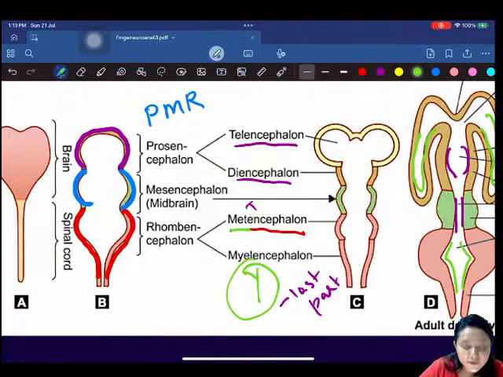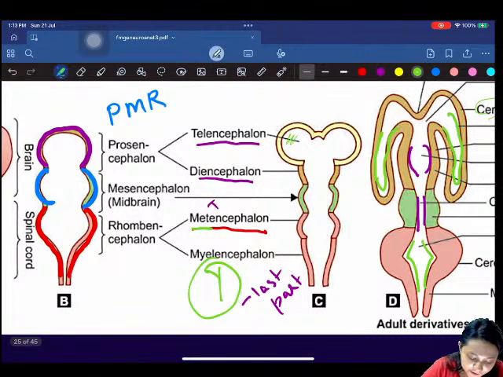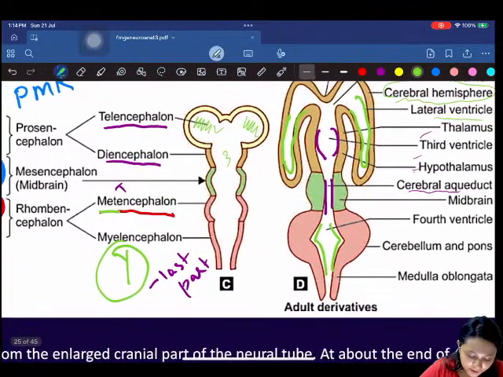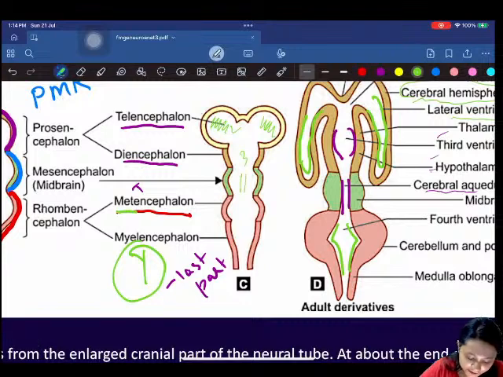Then on the prosencephalon you have the telencephalon, which will give rise to the cerebral hemisphere. Then you have the diencephalon, which will give rise to the thalamus. The telencephalon cavity is the lateral ventricle, and in the diencephalon you have the third ventricle. And then in the midbrain you have the cerebral aqueduct, and in the hindbrain you will have the fourth ventricle.